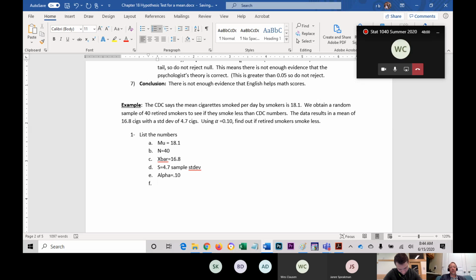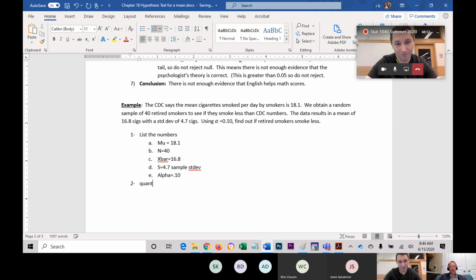Okay, step number 2. So it's deciding whether it's quantitative or categorical. Okay. And I'll let you finish that one off, Easton.